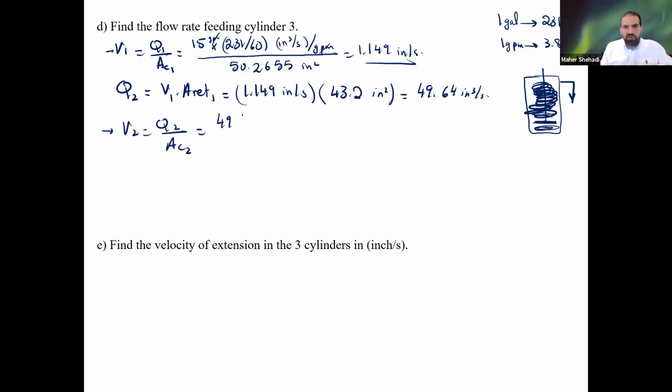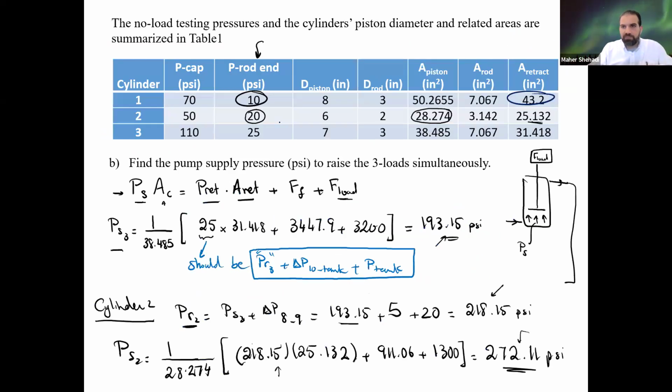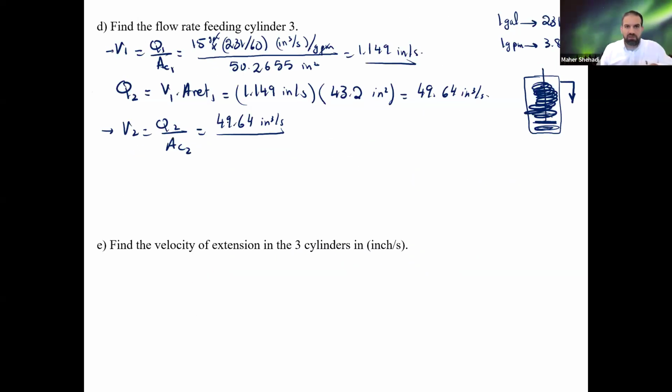So it's 49.64 cubic inch per second, divided by A cap 2, 28.274 inch squared, and that would be 1.755 inch per second.